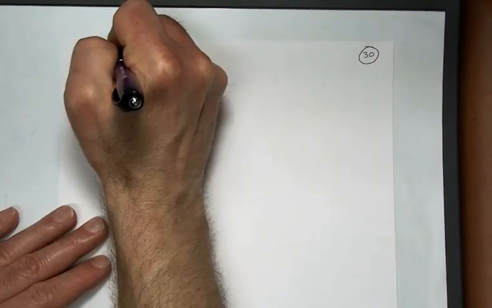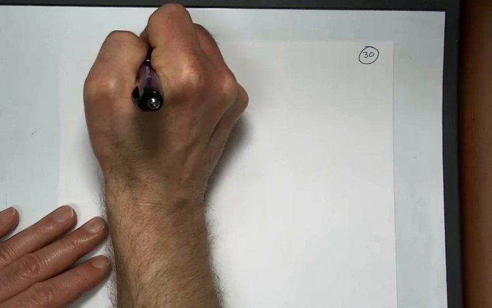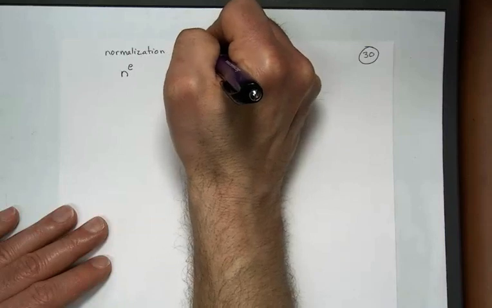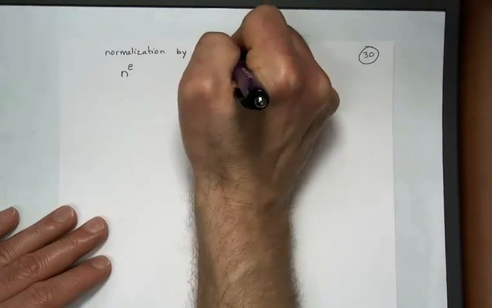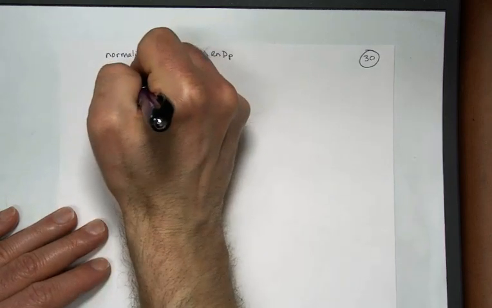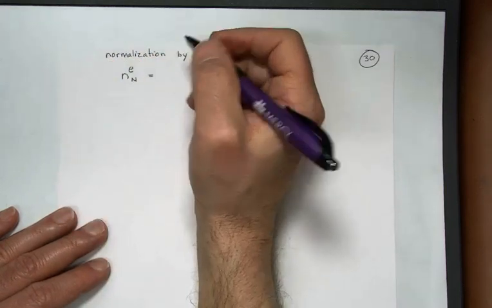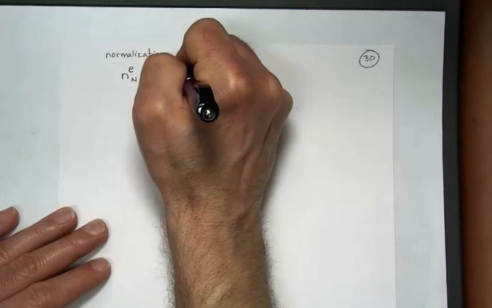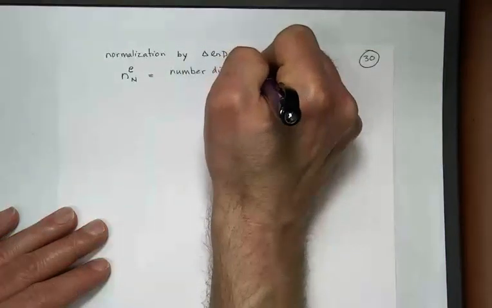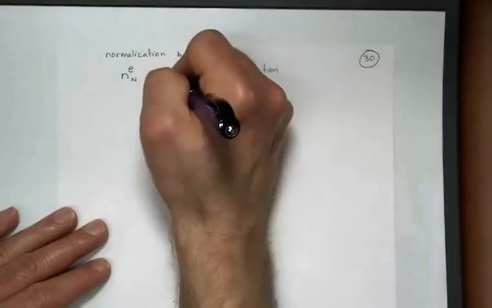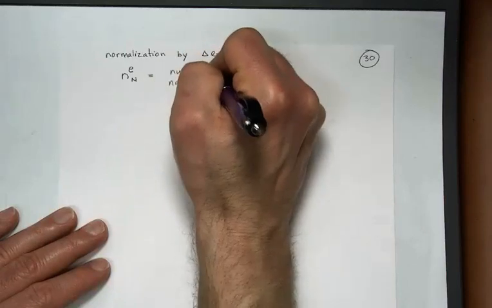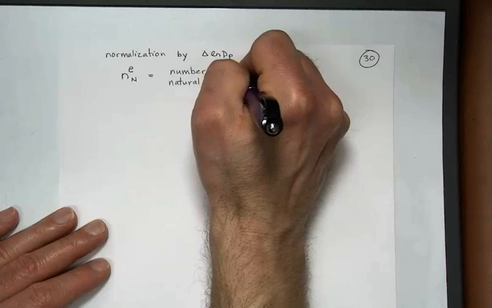So this is normalization by delta ln dp. If it's a number distribution function, we would call this the number distribution function with the natural log bin normalization.